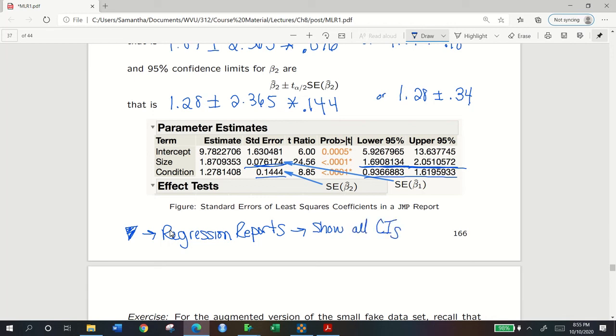If you select that option, then these confidence intervals will pop up for you. If you want to change the alpha level from 0.05, you will have to do that when you construct the model.